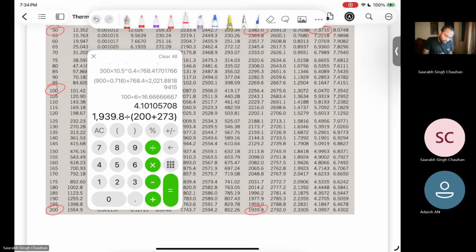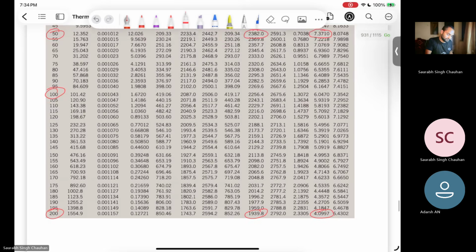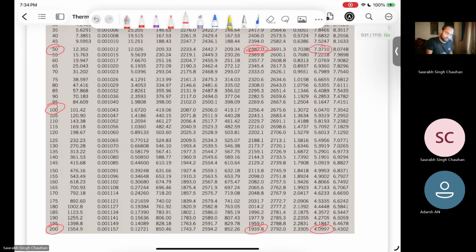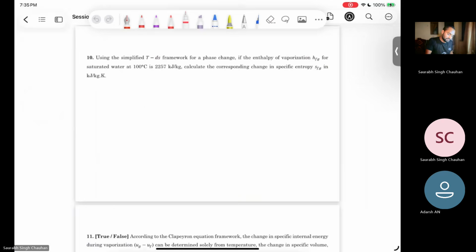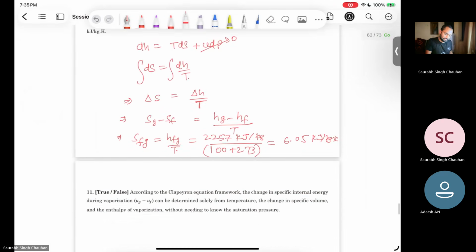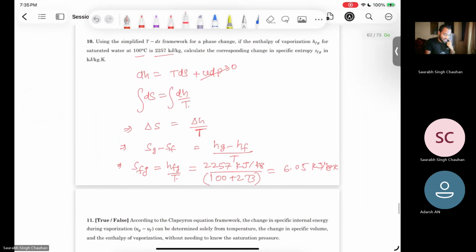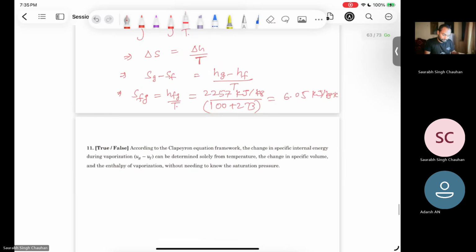So 4.0 or 4.1. So approximately that. If the entropy change is not given, but the latent heat is given, then also you can calculate this entropy change.